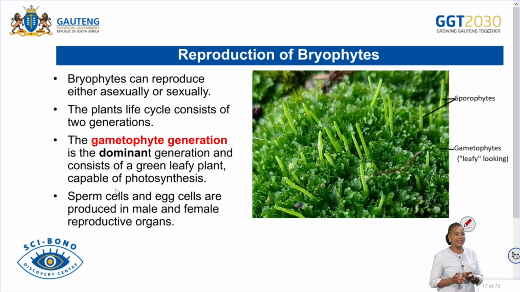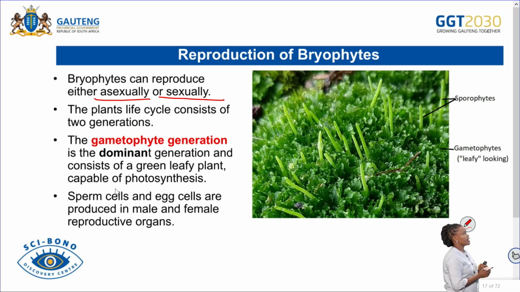Now, how does reproduction take place in the bryophytes? Remember, we said that the moss is made up of two generations, the gametophyte generation as well as the sporophyte generation, meaning that the bryophytes can reproduce asexually. And how asexually? By means of spores, and then they can also reproduce sexually by fusion of what? Of gametes.